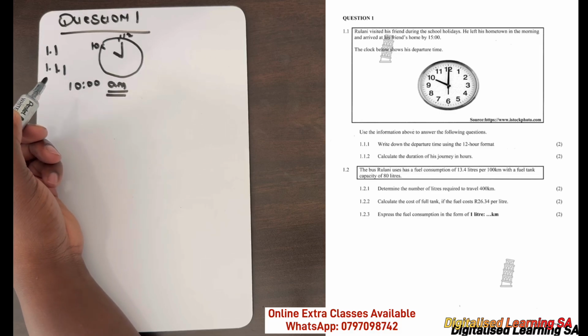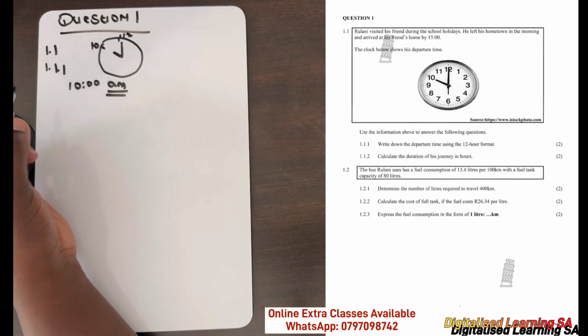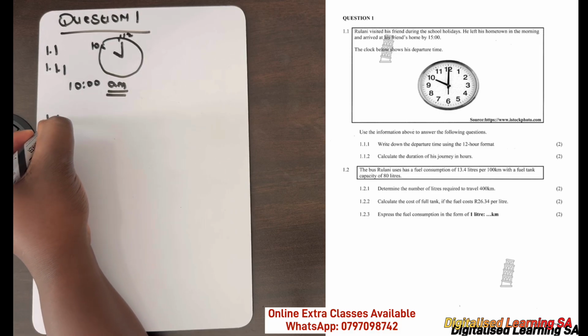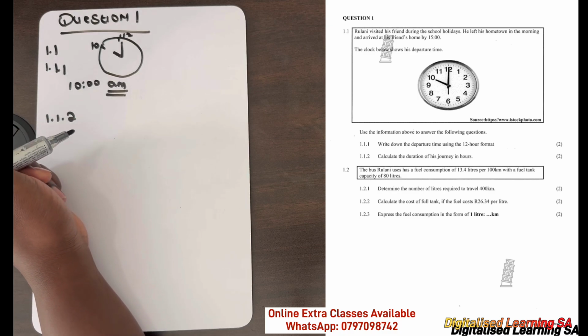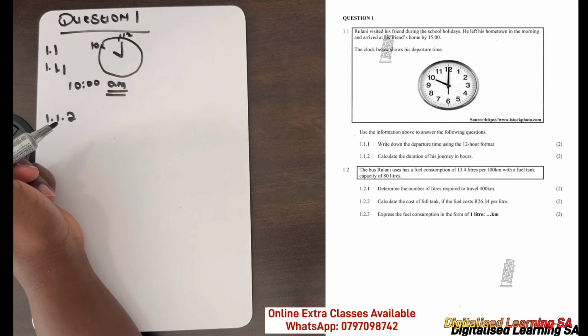So now let's move to the next question, which is question 1.1.2. Question 1.1.2 says write the duration of his journey in hours.